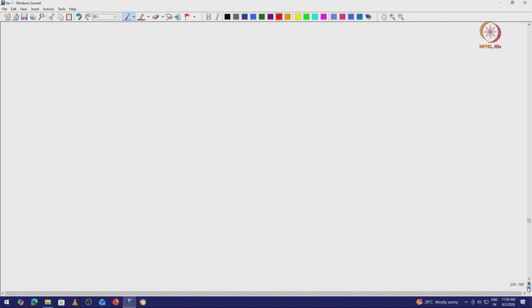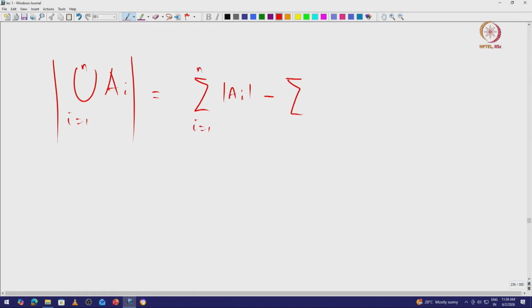Okay. So, basically the union of the A_i, i ranging from 1 to n, its cardinality is given by this alternating sum: the summation of the cardinality of A_i, i ranging from 1 to n, minus the cardinality of A_i intersection A_j, where we choose any two sets from this collection of A_i's, and then we continue like this, plus, etc., plus minus 1 power n plus 1, the cardinality of A_1 intersection etc. intersection A_n.